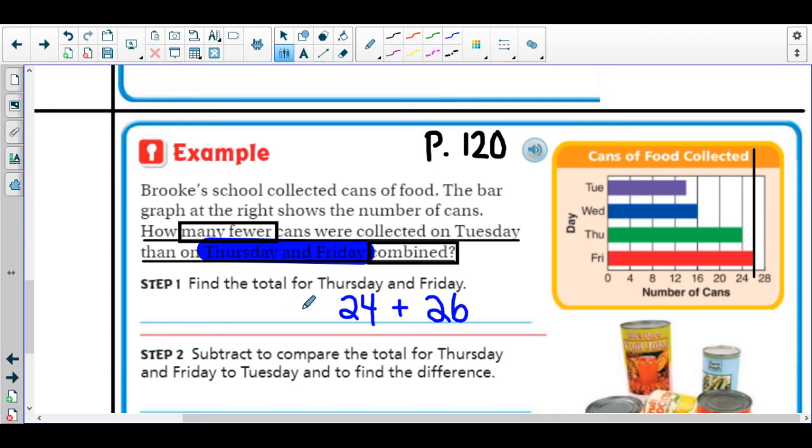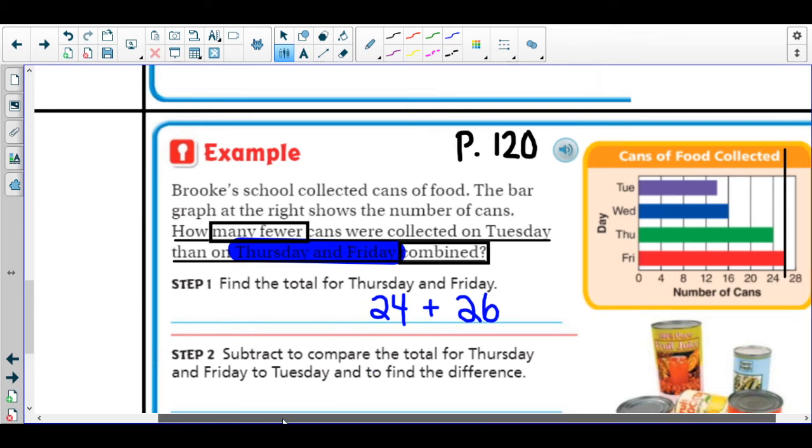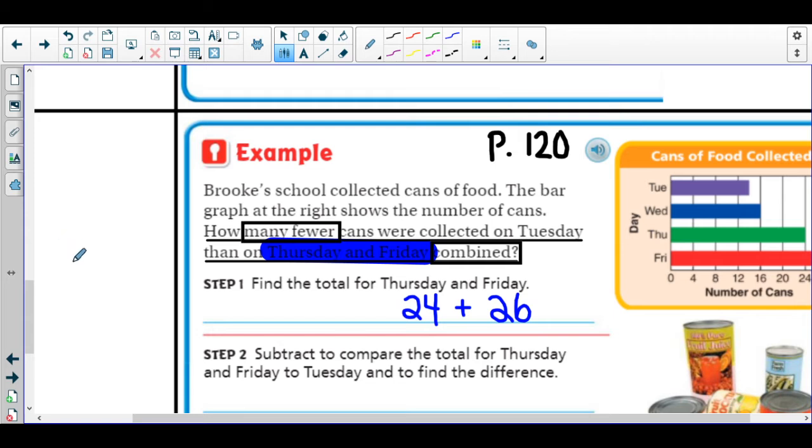All right, and that total is going to be, so let's go ahead and add those up, 24, 26. 4 plus 6 is 10. 2, 4, and then 5. So we've got 50 right here.